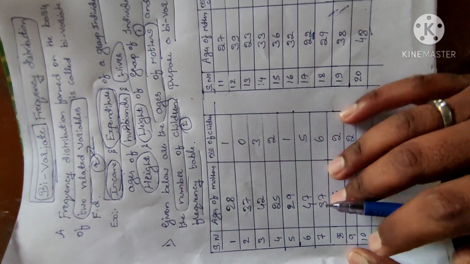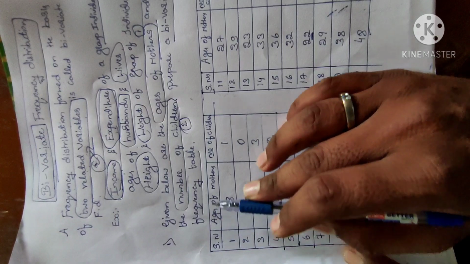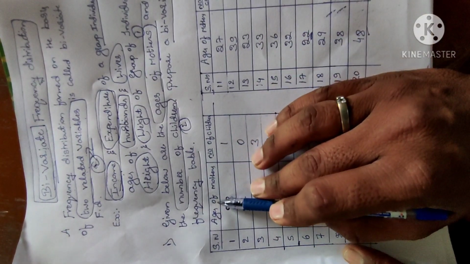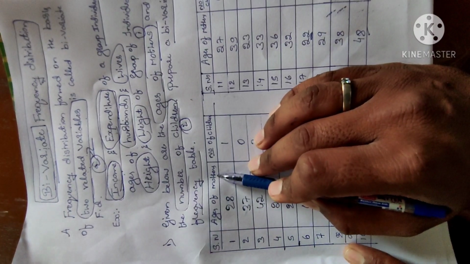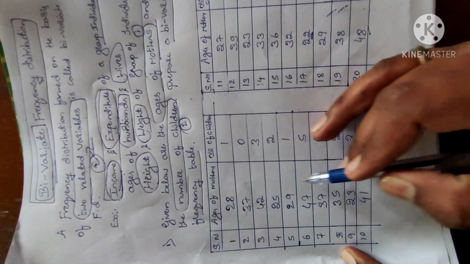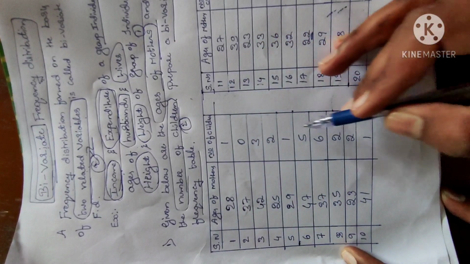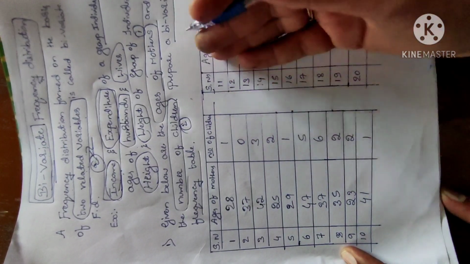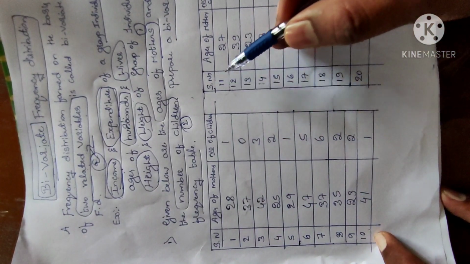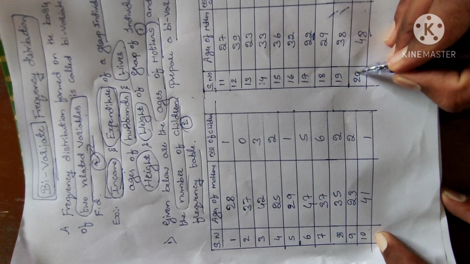Here the information given is serial number, age of the mother and number of children. These are the two variables: one variable is ages of mother, the second variable is number of children. These are the ages of mothers, these are the numbers of children, and we continue through serial numbers 10, 11, 12 up to 20.